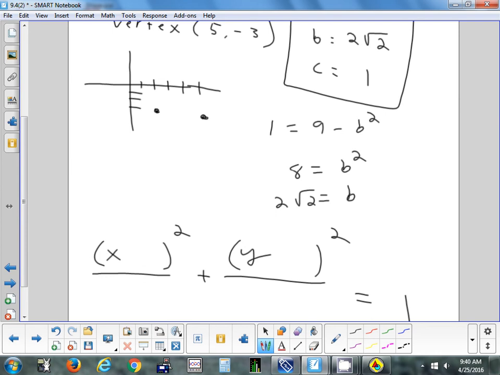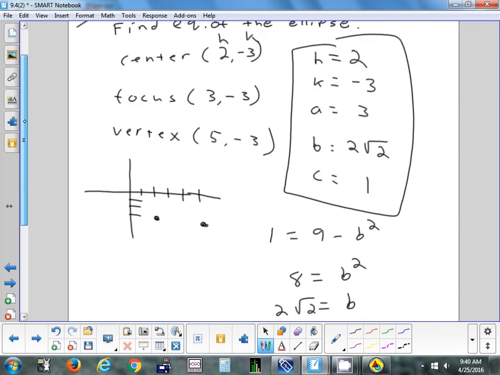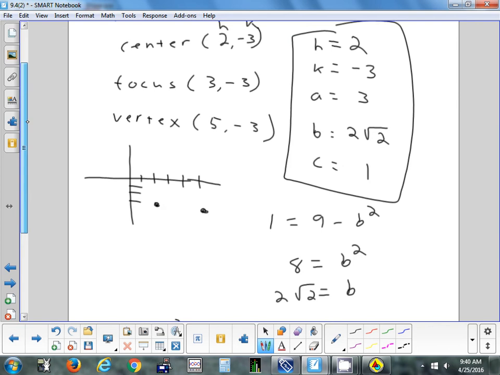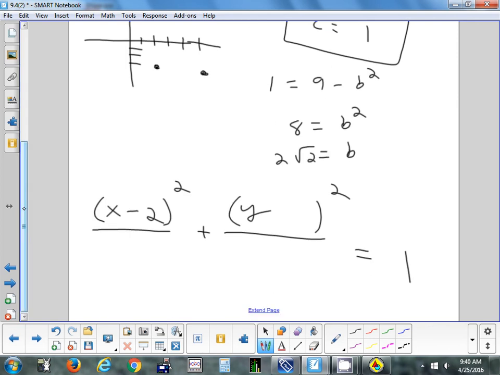H. It's going to be X minus H. So what's that first numerator going to become? X minus 2. Okay, second numerator is Y minus K. Y plus 3. Yes, okay, it's going to be Y plus 3.